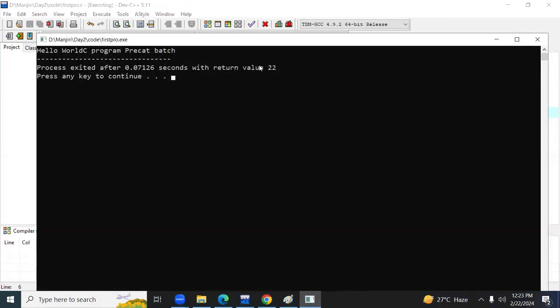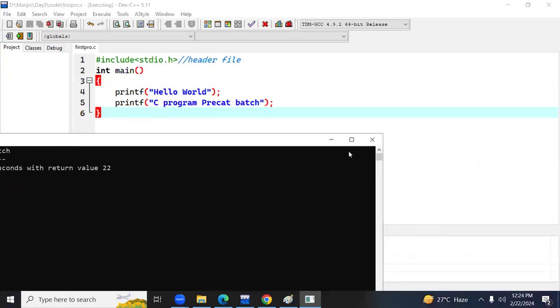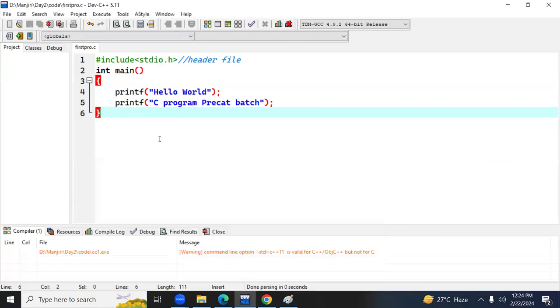Is it coming? But if you see, whatever I am typing in the next line is coming in the same line. Yes or no? I am typing in different printf statements, but it is coming in the same line. So for that reason, we have to know escape sequences, because the compiler only understands line by line code execution.